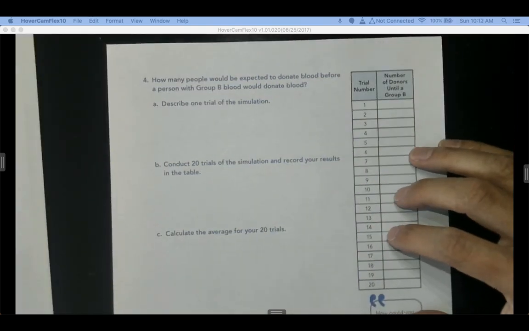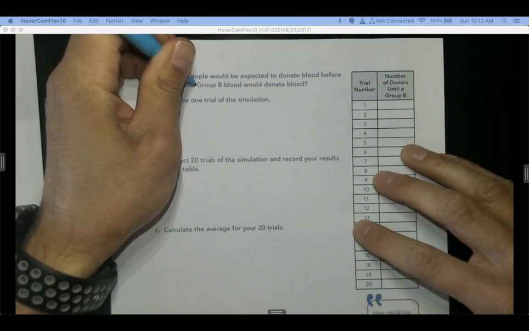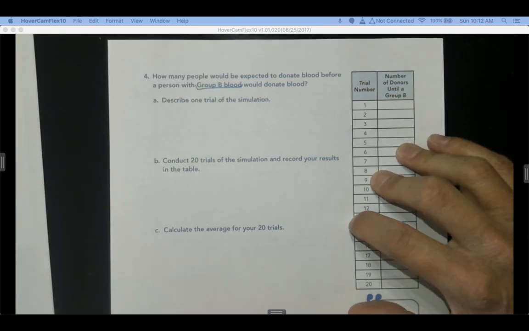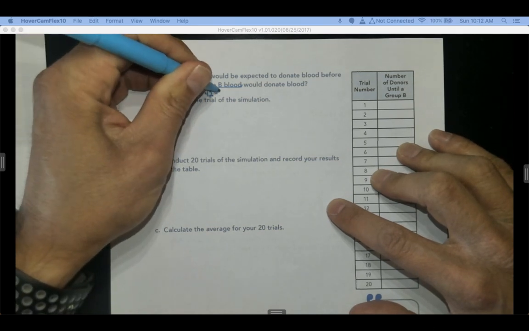How many people would be expected to donate blood before a person with group B blood would donate blood? Group B blood, according to our random number table, was 42 to 51.